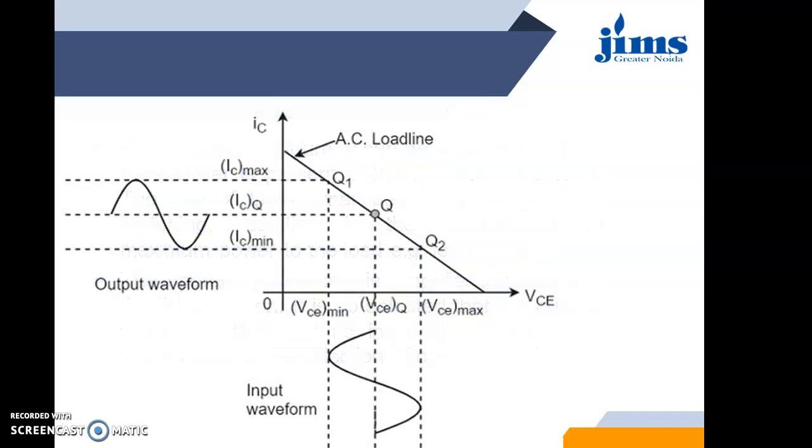This is the Q point representation which I was talking about: its Q point is exactly at the middle of the load line. Therefore, if we give a full cycle of AC, we get a full cycle at the output. So there is no nonlinear distortion or amplitude distortion. In that way, the Class A amplifier is the best amplifier, which does not offer any amplitude or nonlinear distortion.